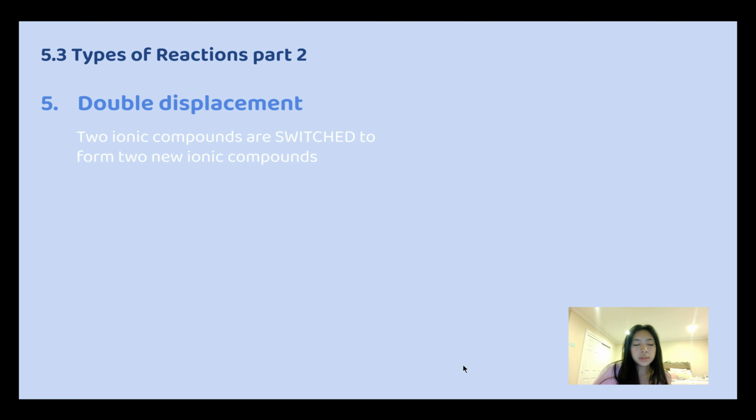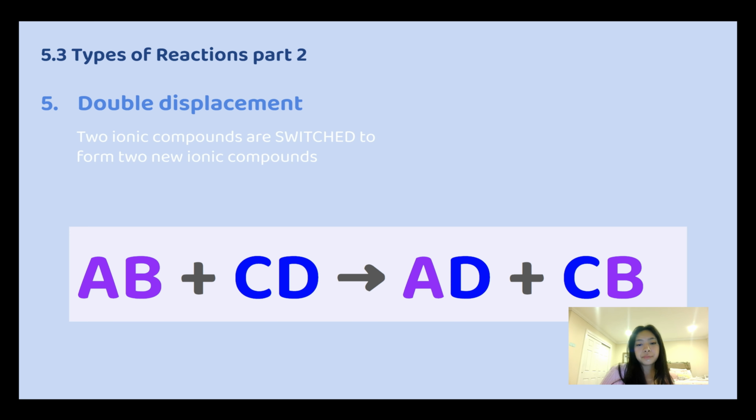Okay, so let's go over the double displacement reaction. A double displacement reaction is quite similar to a single displacement reaction. The difference is that there are two ionic compounds on the reactant side, which form two ionic compounds on the product side.